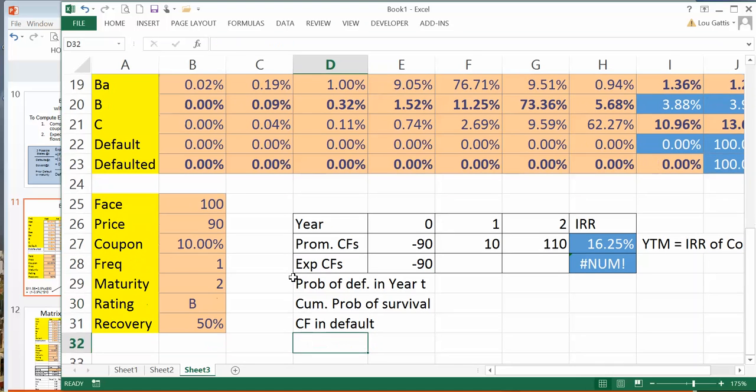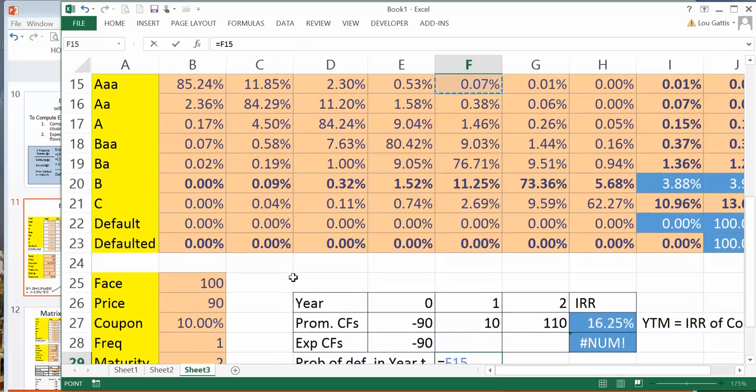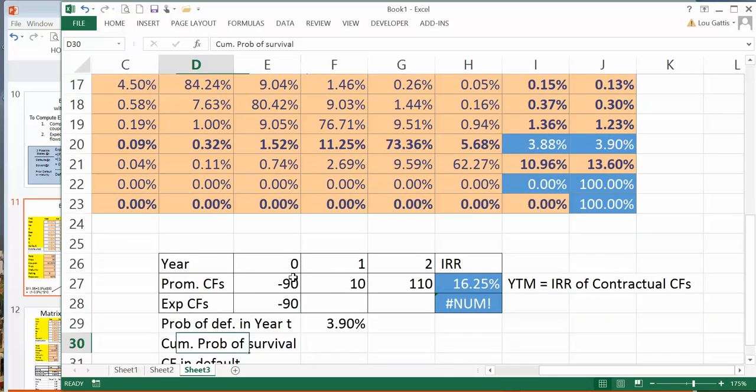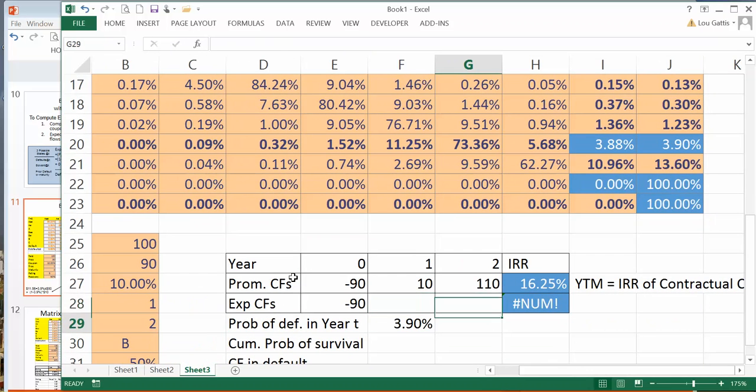Now the probability it defaults in year 1 is right up here in my transition matrix. The probability that a 2-year bond had already defaulted at the end of the 2 years is 3.9%. That means it defaulted in year 1. And the probability of the bond defaulting in year 2 would be given by the 3.88.